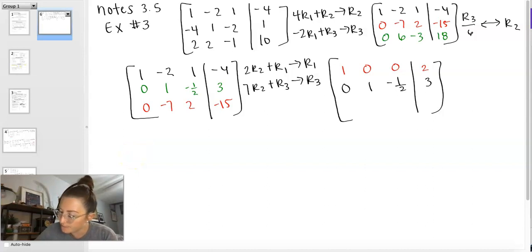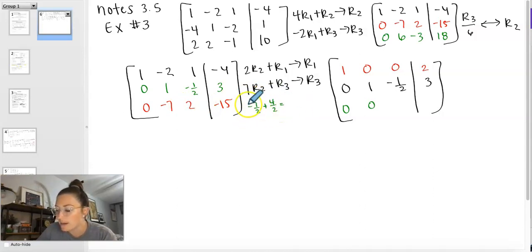Okay, bottom row. I'm multiplying this one by 7 and adding it to the bottom. 7 times 0 is 0, plus 0, 0. 7 times 1, 7, negative 7, 0. This one, a little bit more difficult if we need to do that. 7 times negative 1/2, that's negative 7/2, plus 2. Well, 2 is really 4 over 2.